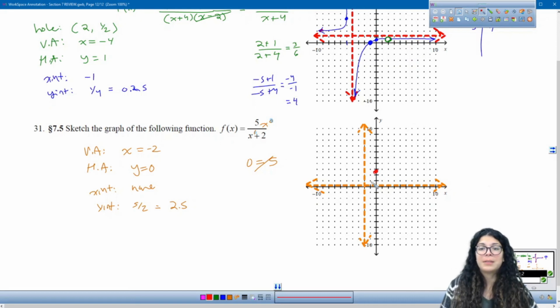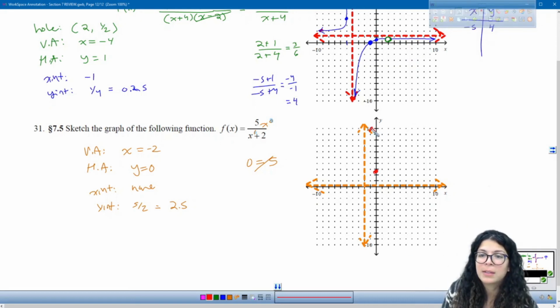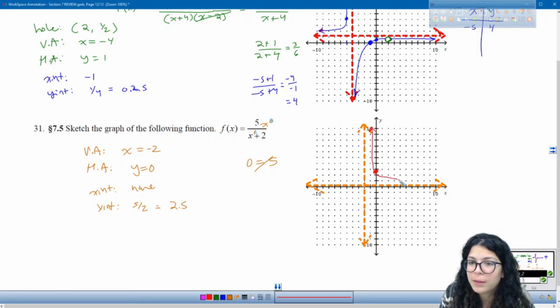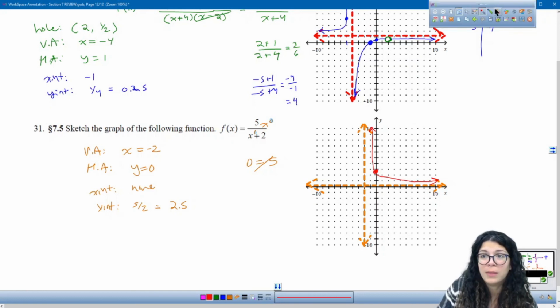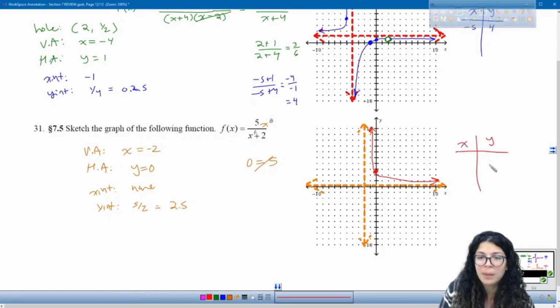Now that y-intercept tells me that on the right-hand side, right, this is going to be graphed on the top of the horizontal asymptote. The question is, on the left-hand side, is that going to be graphed on the top? Or is that going to be graphed on the bottom? So let's go ahead and plug in some x value into the function to find the y value that matches.